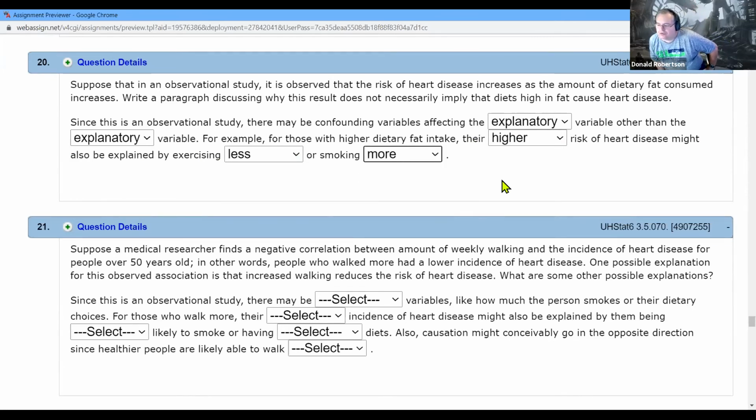In other words, yeah, they eat too much fat, but don't they do other things? A lot of them do a lot of other things, right? And couldn't it be that the other things they do are a bigger cause of their heart issues? Maybe they eat lots of salty things.